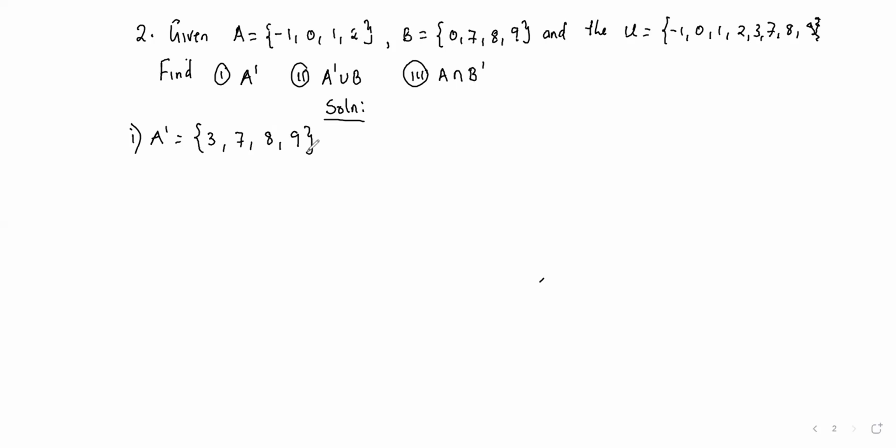So we leave out -1, 0, 1, 2, because those are in A. A complement does not take any element that belongs to A. That's why when it came to intervals, if it was closed, we were opening, because it cannot be in both sets.